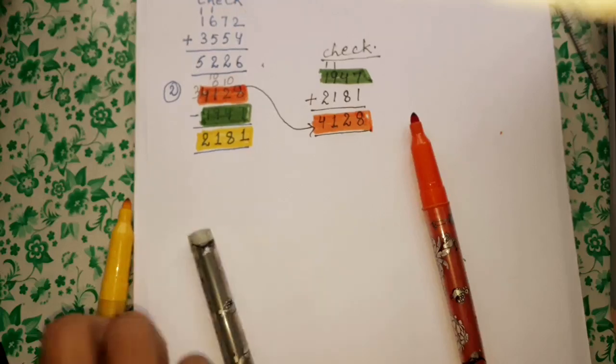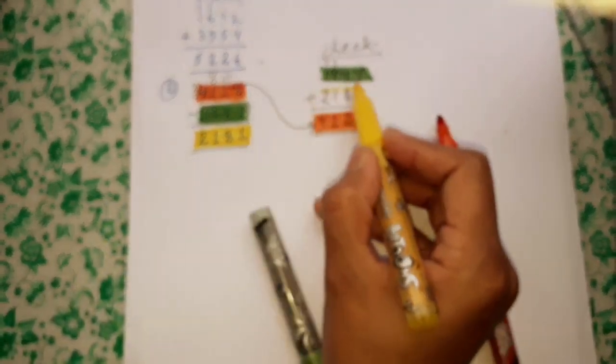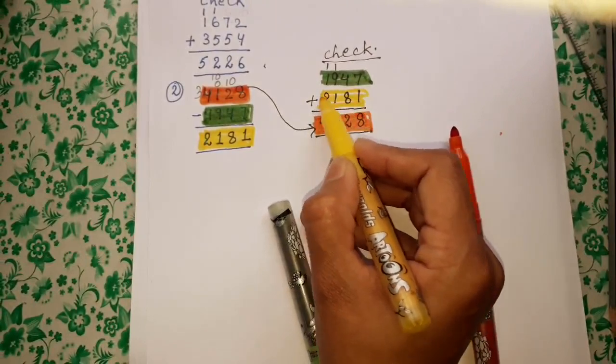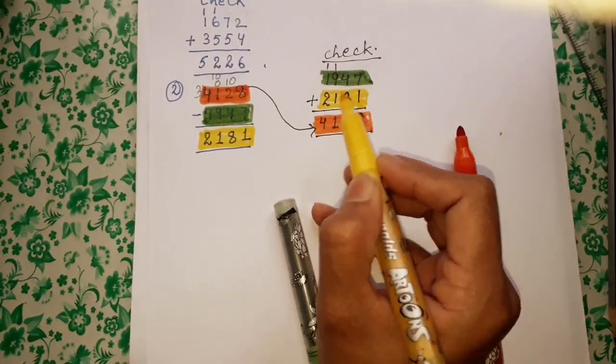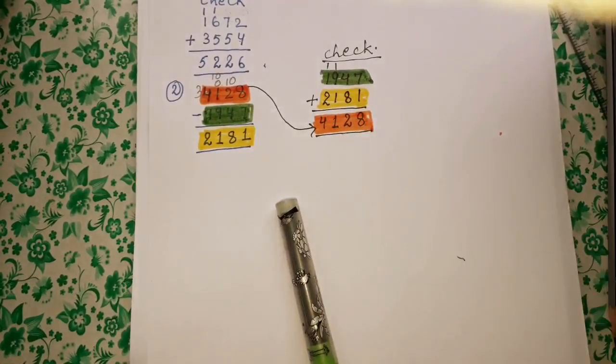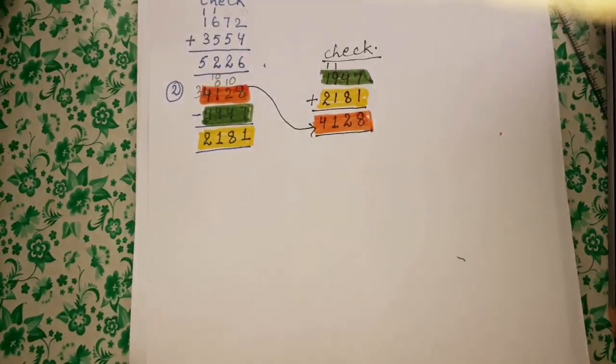And yellow color implies a difference. Through color, I think you are able to understand what I am doing. Now, we do some more examples. When we solve those examples, we are able to understand it more clearly.